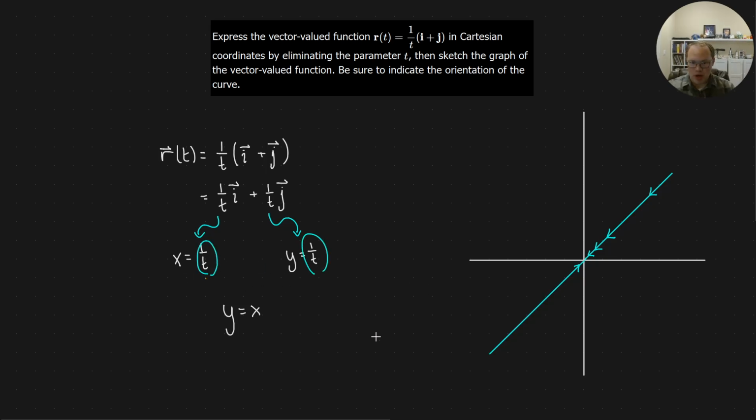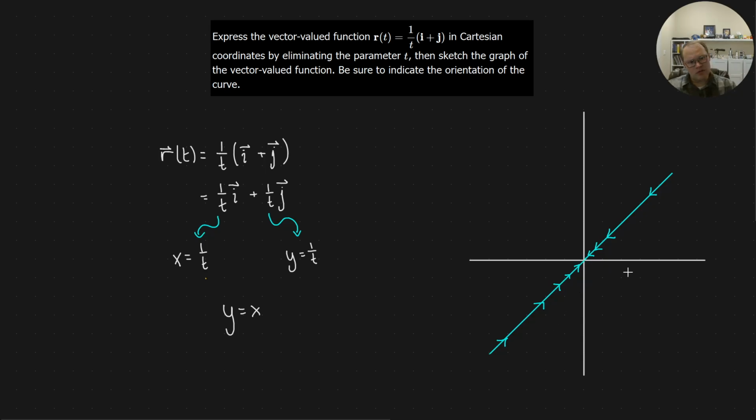If t's are small and negative, then the fractions will be big and negative. Small denominator, big fraction. Okay? So I start up here, and then I go this way, slowing down as I approach here.